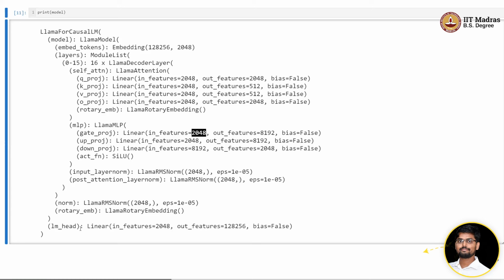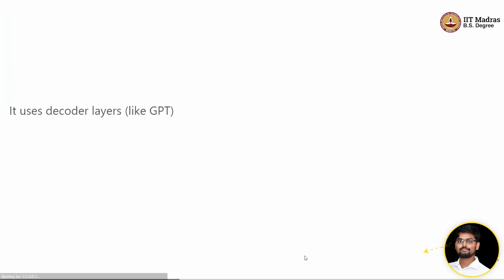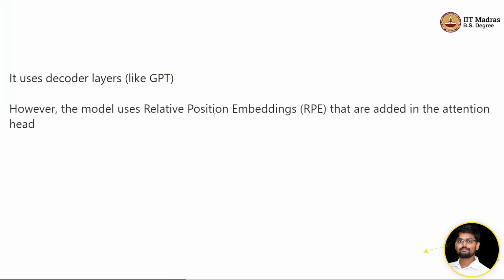And finally, in the LM head, we have the input of size 2048 and the output is computed over all the tokens in the vocabulary, which is 128K in this case. Okay, so now we have looked at the model details. So it uses a relative position encoding.